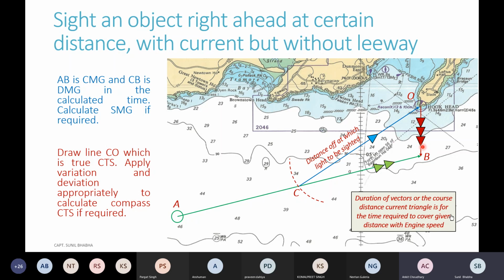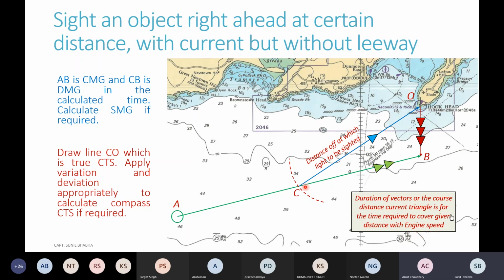And if you see this triangle OBC, the duration of all the vectors, or the duration of the course distance current triangle, is for the time required to cover the given distance using our engine speed.